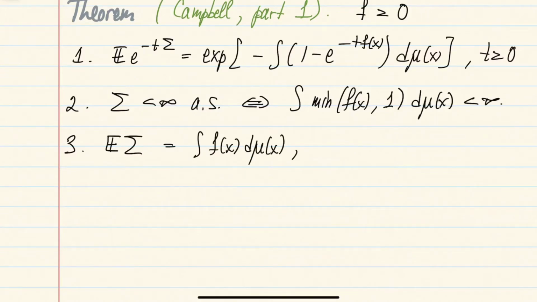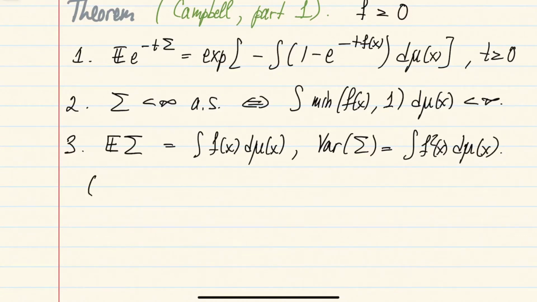And if the expectation exists, one can compute the variance as the integral of the square of this function with respect to the mean measure. Where these two equations are understood as equalities either finite or infinite. So if one side is finite, another side is finite, and they are equal, and so on. And moreover, when we write the statement about variance, we assume here that the expectation is already well defined.